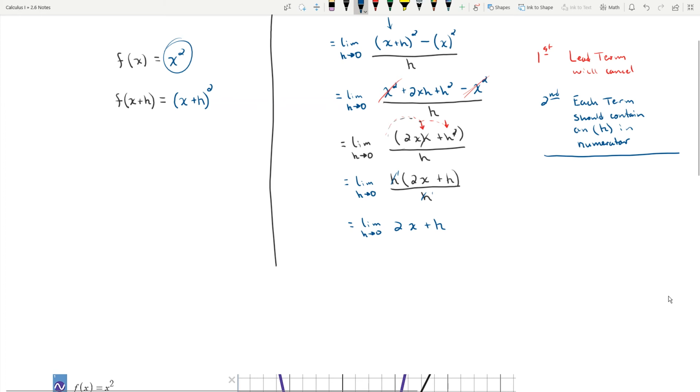So at this point, you'll be able to just simply substitute in the 0 wherever h is. And in this case, it's just going to be 2x plus 0. So we're going to end up with our derivative being just 2 times x.